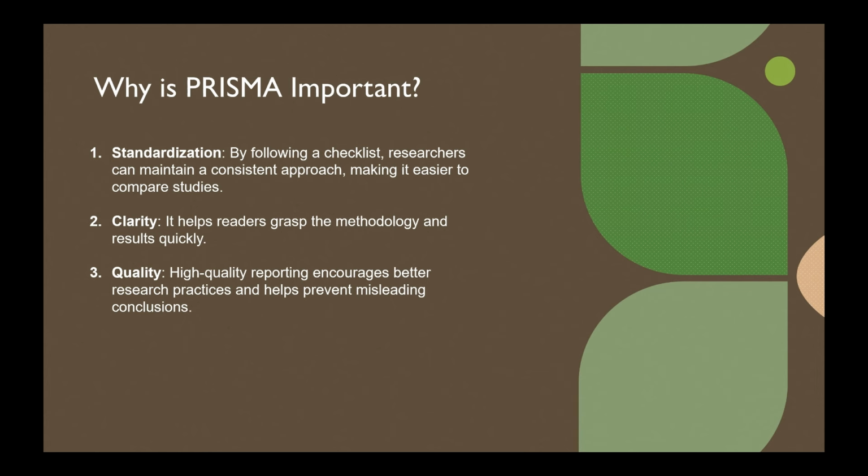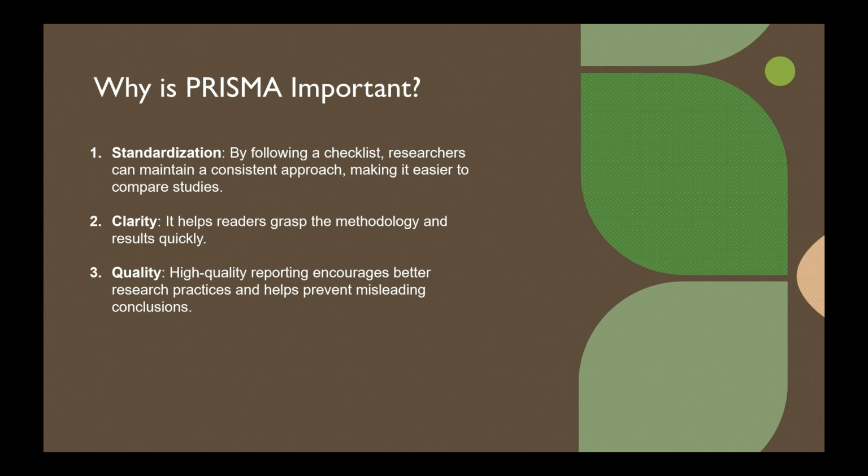So why is PRISMA important? By following the PRISMA checklist, researchers can ensure a consistent approach in their systematic review. This consistency not only makes it easier to compare different studies, but also helps readers quickly understand the methodologies and results.